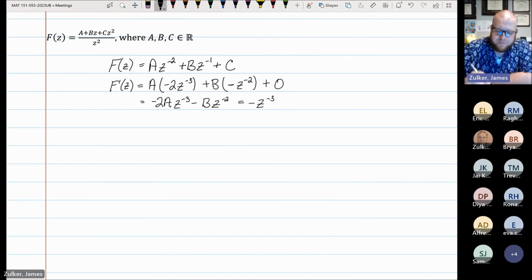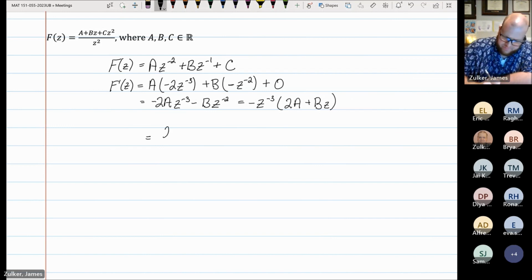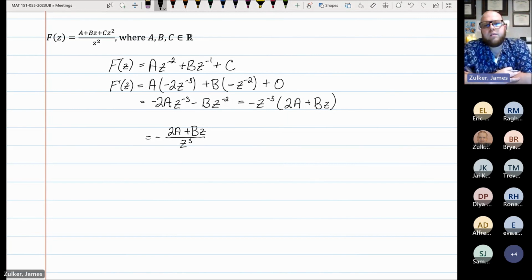Factor out a negative z to the minus 3. What are we left with? 2a plus b times z. Two a plus bz all over z cubed. Negative.